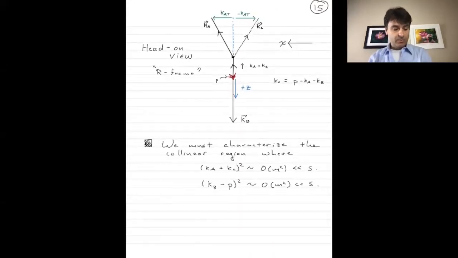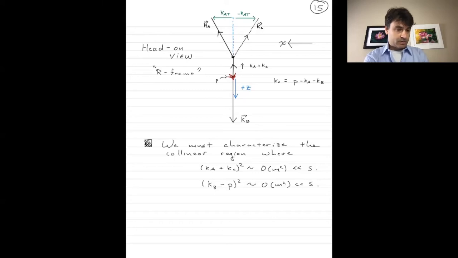Okay, so now how do we characterize the collinear region? Well, ultimately it's going to be when these transverse components are very small, so that both of these particles are going out in the same direction. Okay, it'll be useful to have this picture in mind as we head forward. So we've actually got two constraints. We know that Ka plus Kc, quantity squared, has to be much less than the center of mass energy squared.